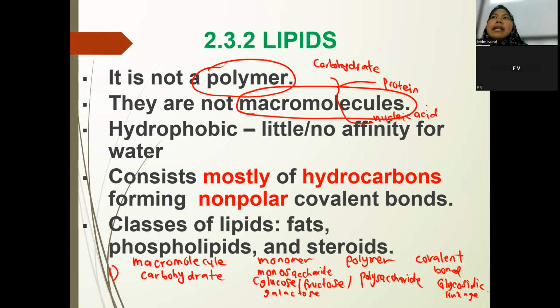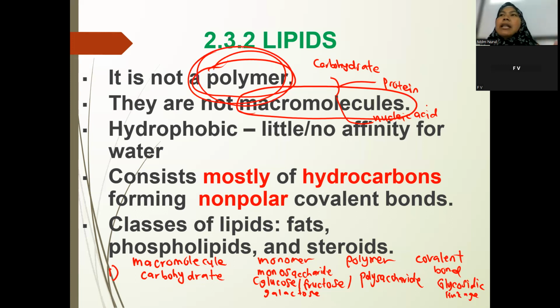This is what we have learned for carbohydrate. Protein is the same, it has its monomer, polymer, and covalent bond. We will cover that later.